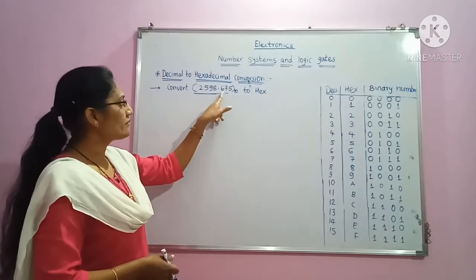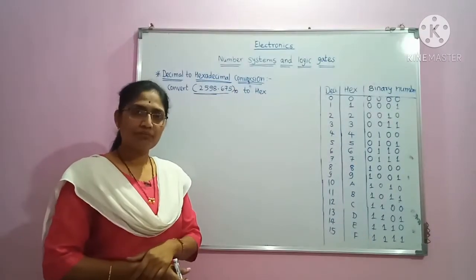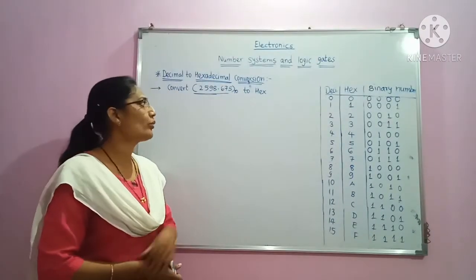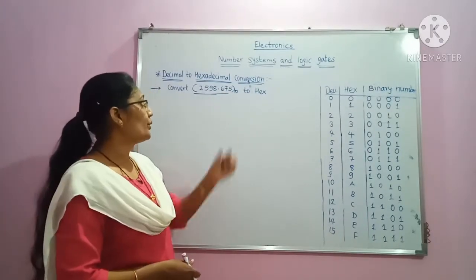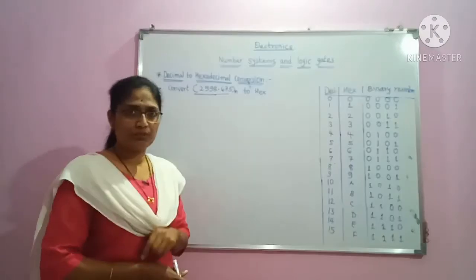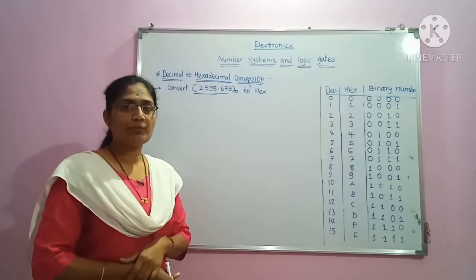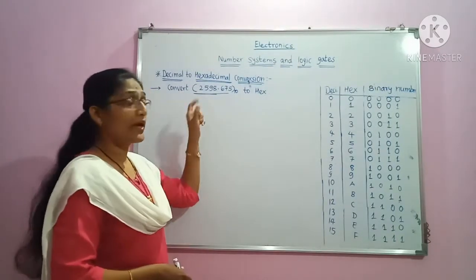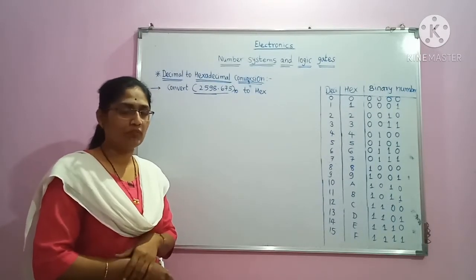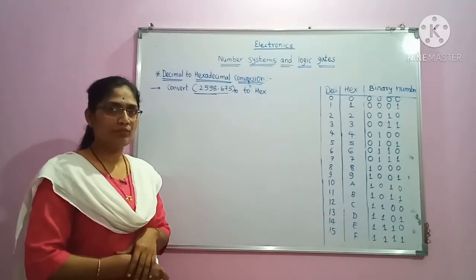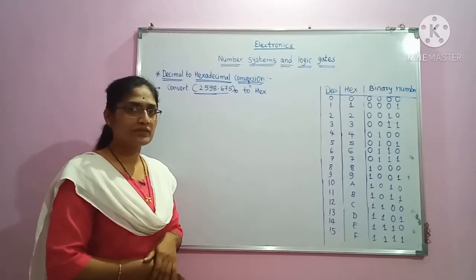Suppose there is a fraction part of a decimal number and you have to convert it into hexadecimal form. At that time you have to take that fraction part and multiply it by 16, because in case of hexadecimal form there are 16 symbols and its base is 16.